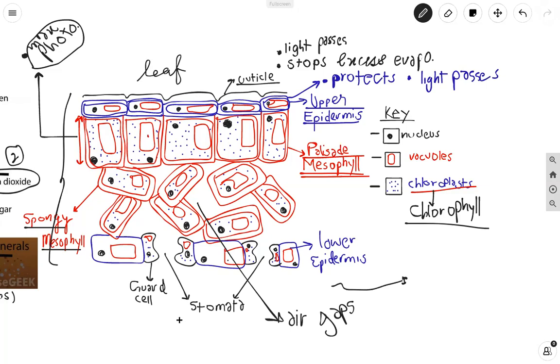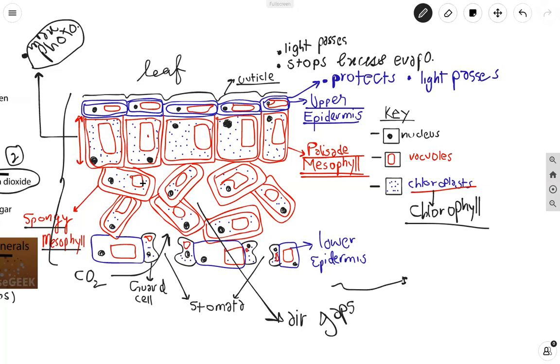As we have studied before, carbon dioxide goes in from the stomata, and these openings right here are the stomata. Carbon dioxide goes in from here. If the cells were tightly packed, there wouldn't be any gap for the gas to travel and be used for photosynthesis. And by the way, spongy mesophyll also photosynthesizes.